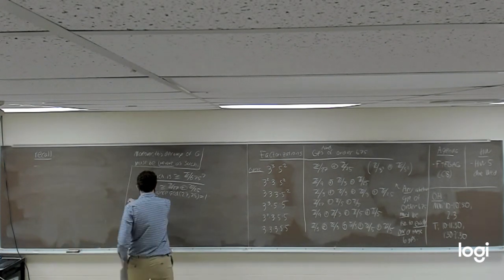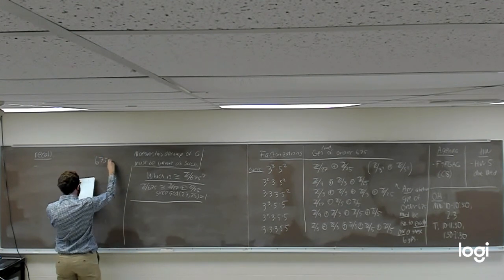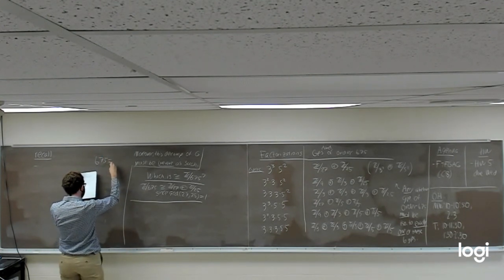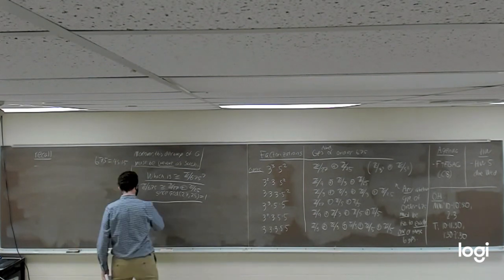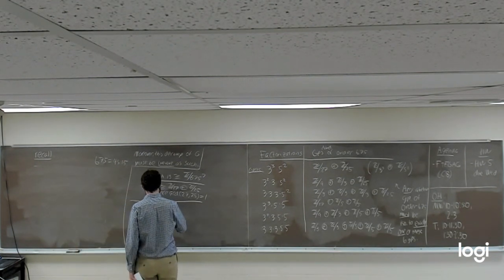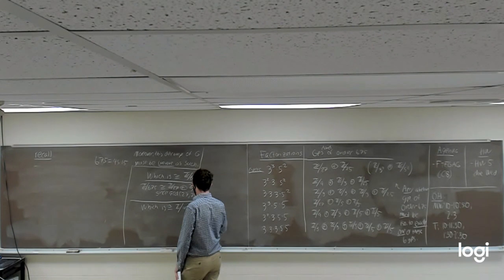How about this one? You can write 675 as being 45 times 15. So which one of these is going to be isomorphic to Z mod 45Z direct product Z mod 15Z?